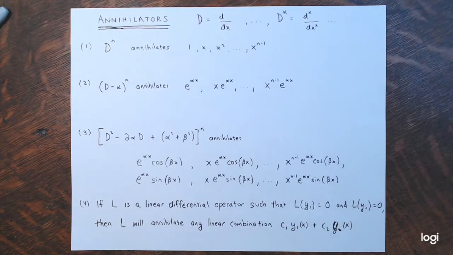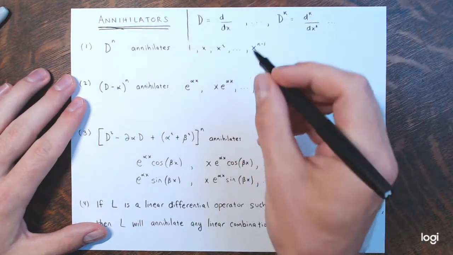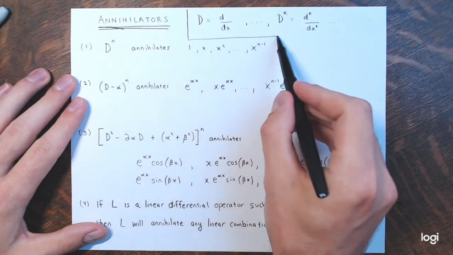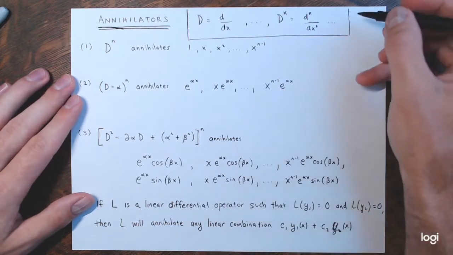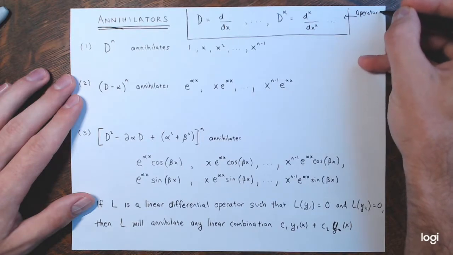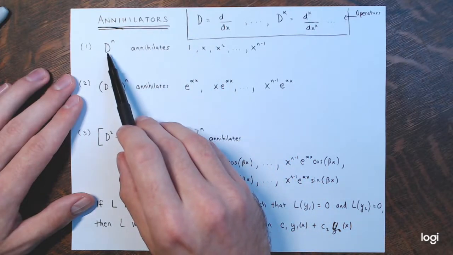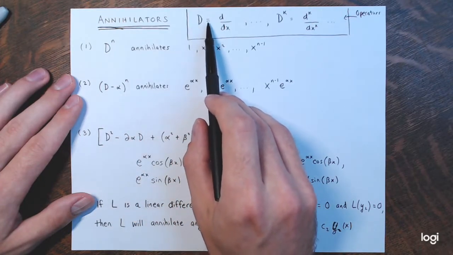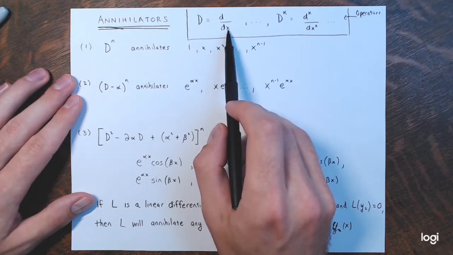All right, so hopefully this notation looks familiar from maybe previous reading. But these are our differential operators. Just some examples. So when you see this capital D, it means the derivative with respect to whatever the independent variable is.